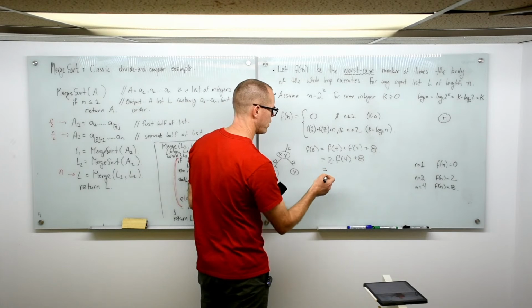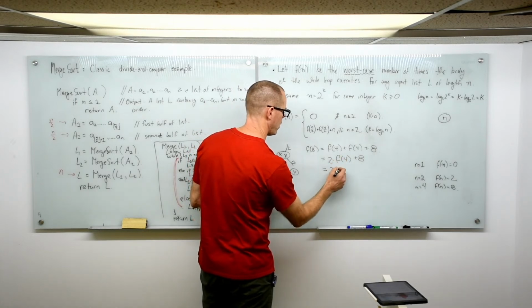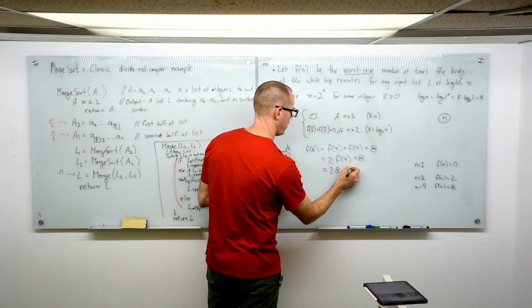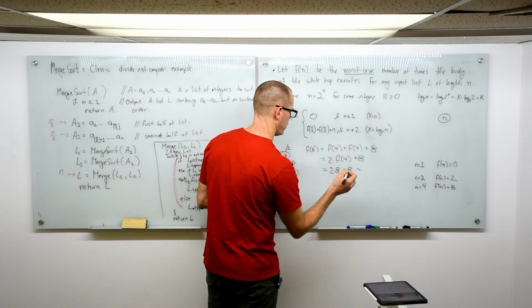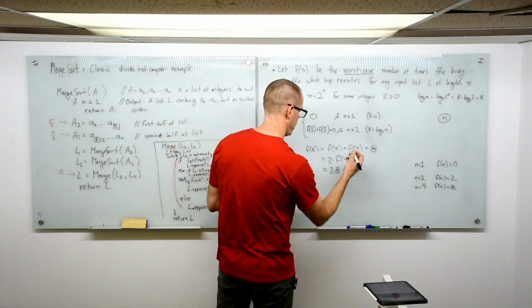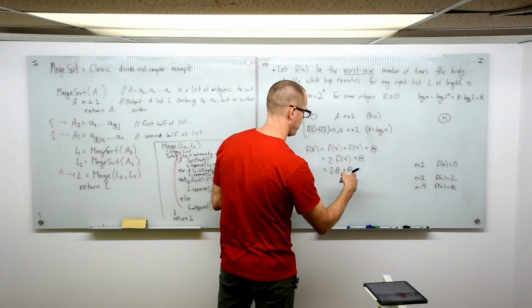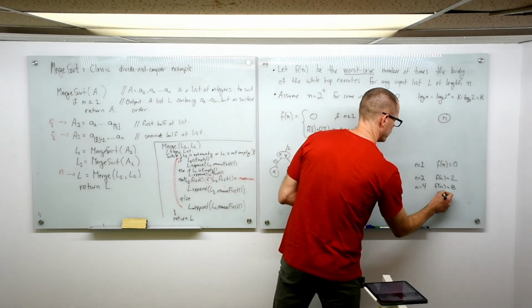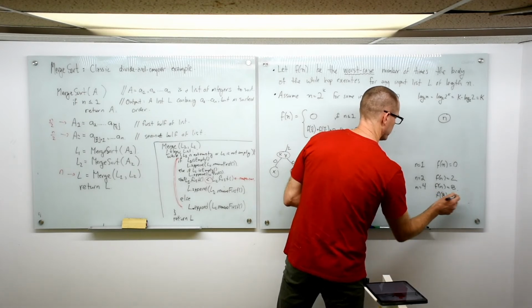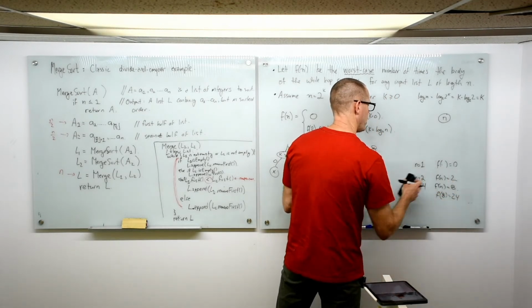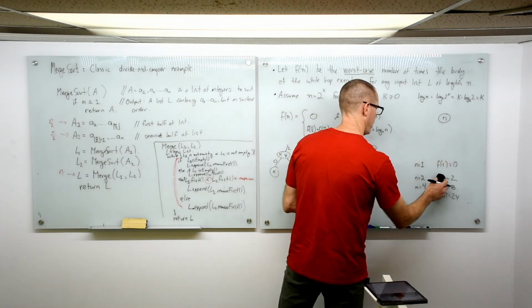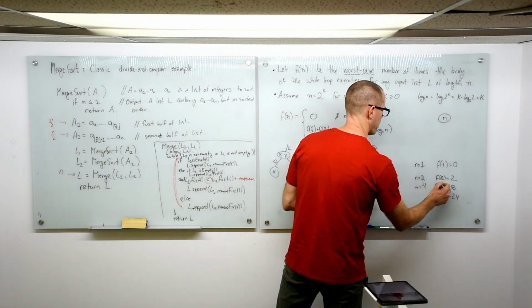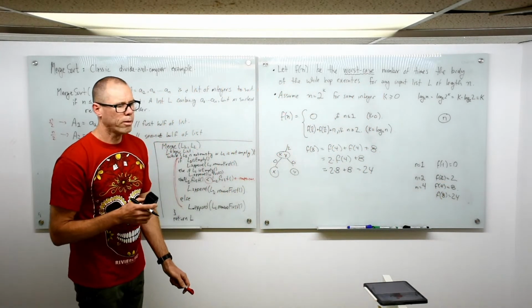So this is 2 times 8 plus 8, which is 16 plus 8, which is 24. Okay. So f of 1 is 0, f of 2 is 2, f of 4 is 8, and f of 8 is 24.